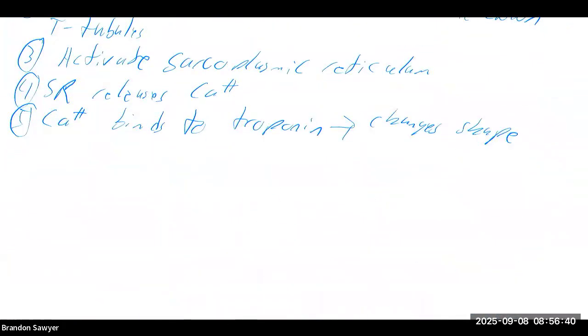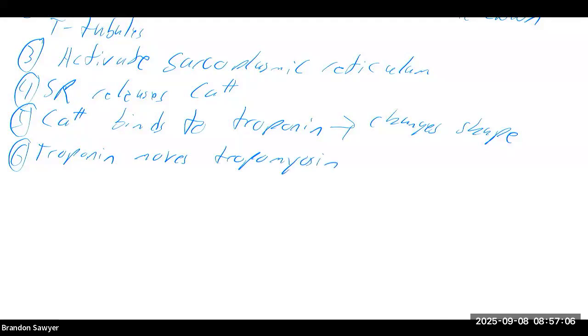So troponin changes shape. Troponin is attached to another protein that's blocking the binding site for the myosin head to bind to actin, and that's the one that actually has to move. What was the name of that protein? Tropomyosin, we got that. So troponin then moves tropomyosin.